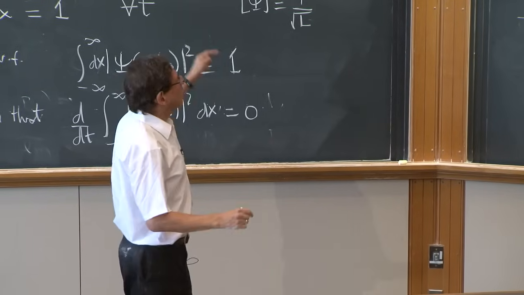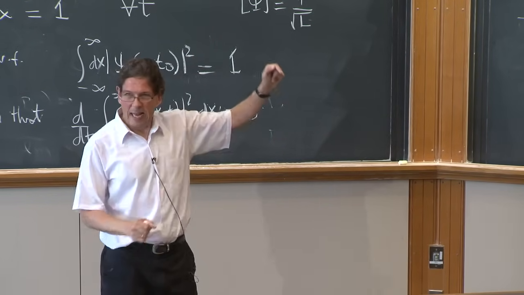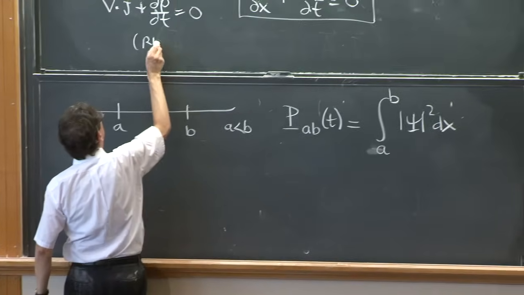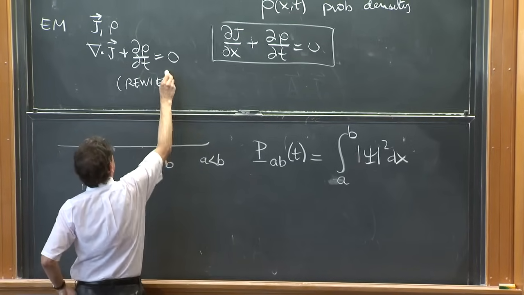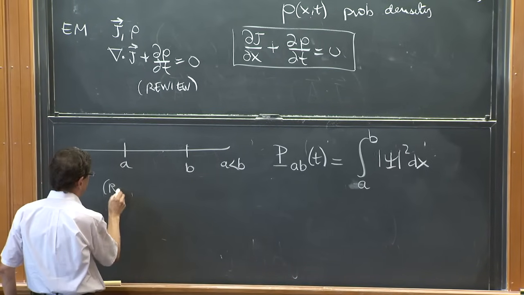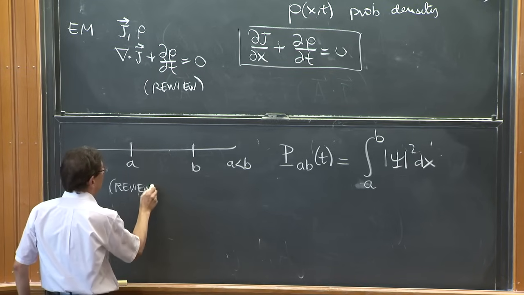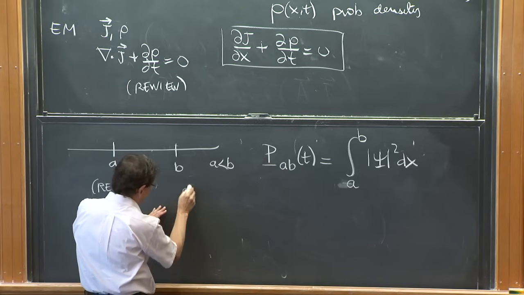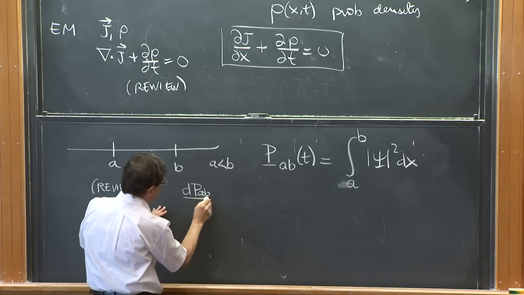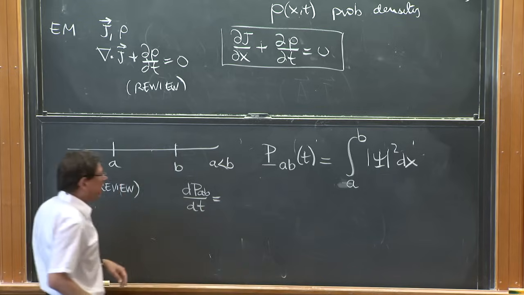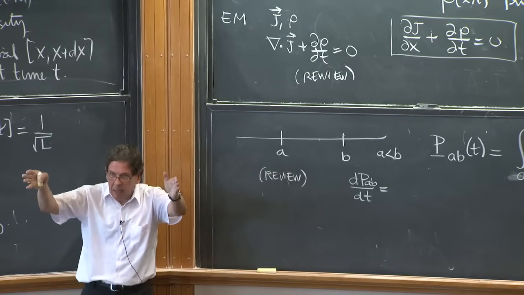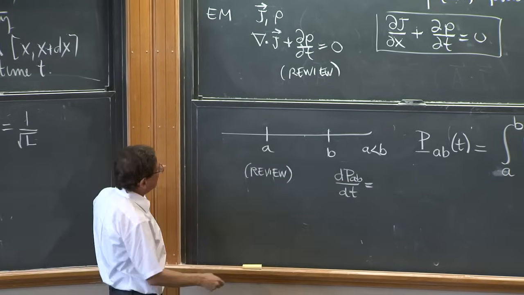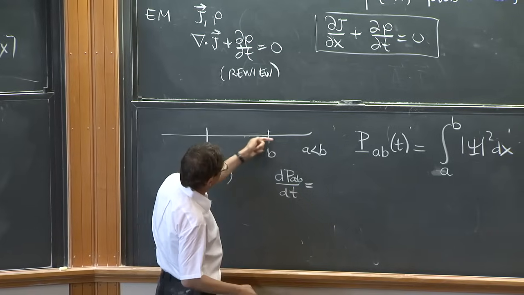You should be able to show, and it's another thing to review, using this differential equation and things like that, that dP_AB/dt, the rate at which the probability that you find the particle in this interval changes, depends on what the current is doing here and what the current is doing here.